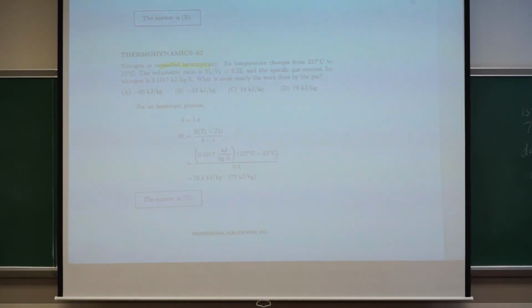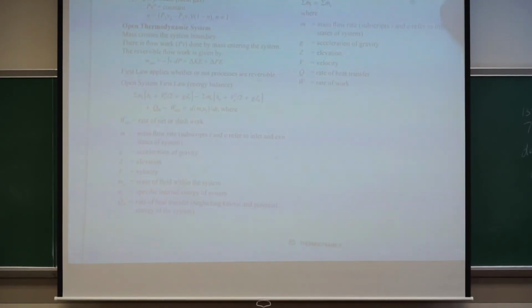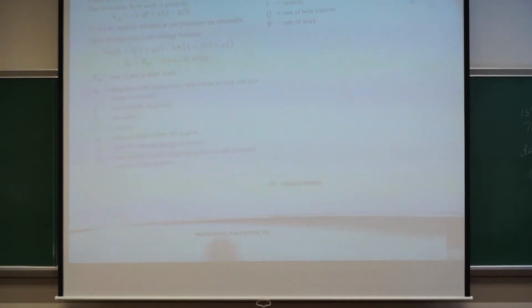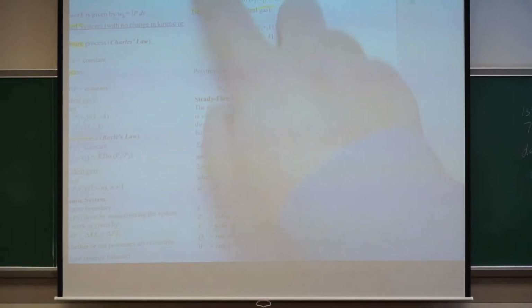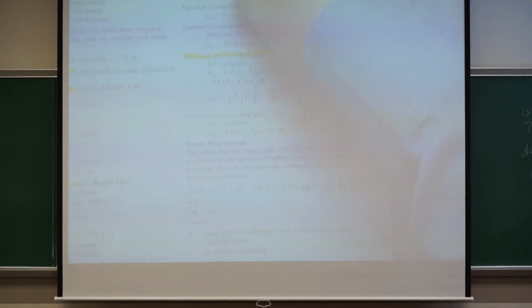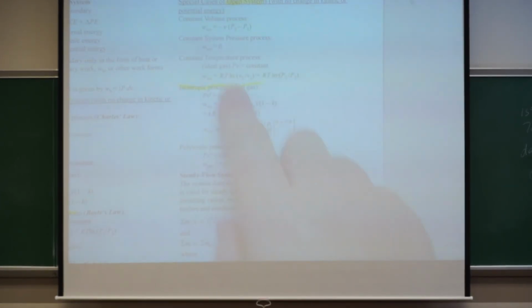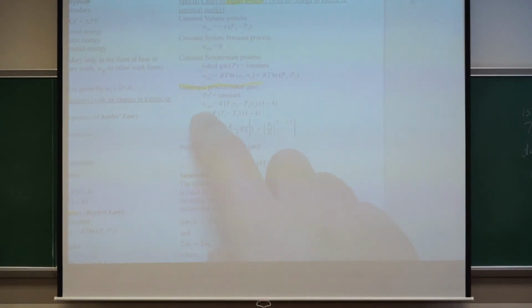We didn't cover this part, but all you need to do is go to the handbook, page 85, and it says here there is a special case for the open system. And isentropic versus ideal gas, you can calculate the work.